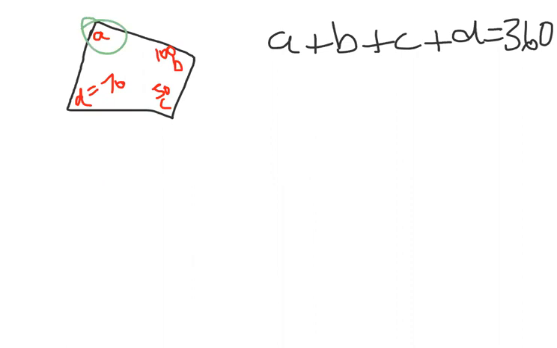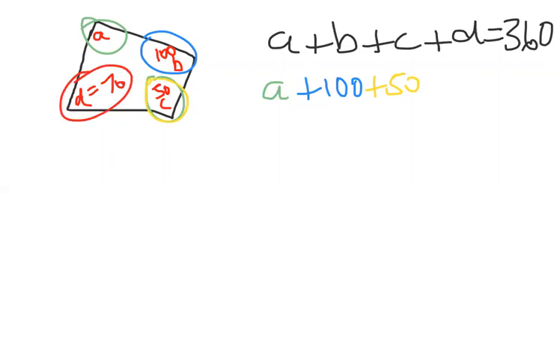So what you can do, now you can say A, but you have B, C, and D. So now you put, where you see B, you put 100. Where you have C, different color, you put 50. And where you have D, you put 70. And all of that equals 360.